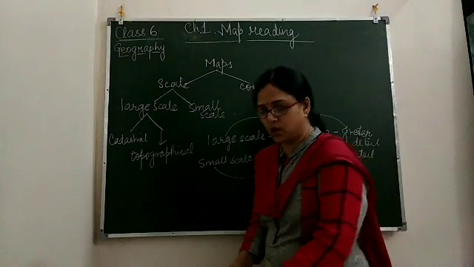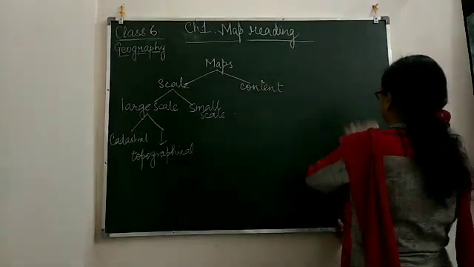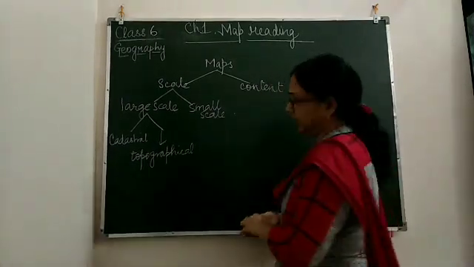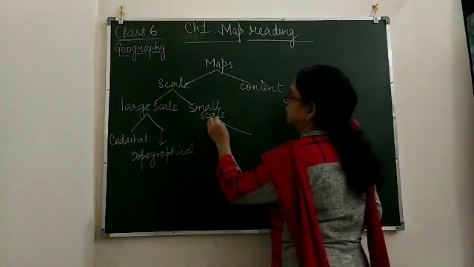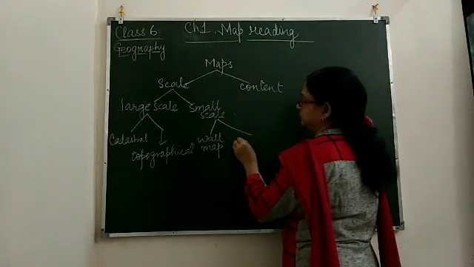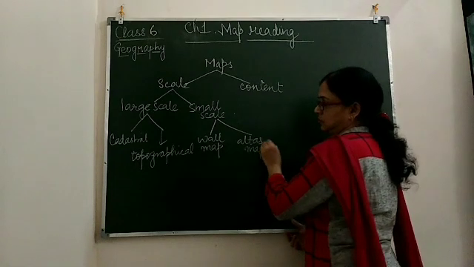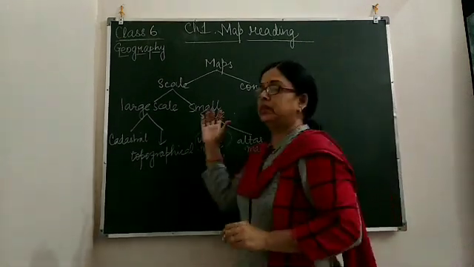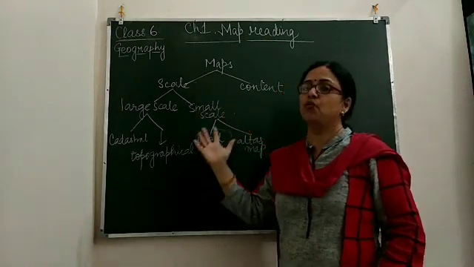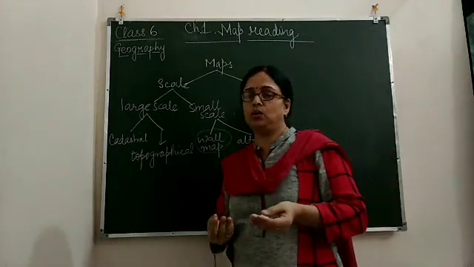Next one is the small scale map. The small scale map is divided into the wall map and the atlas map. Wall maps, as you already know, are the maps used to hang on the wall. We can't see each and everything on those maps.